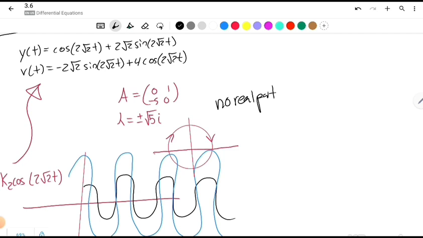When there's no real part, it's a center, as we see here. When there's a positive real part, it'd be an unstable spiral going away from the origin. When there's a negative real part, it'd go towards the origin, a stable spiral. Then our only question really is to figure out whether it is clockwise or counterclockwise.